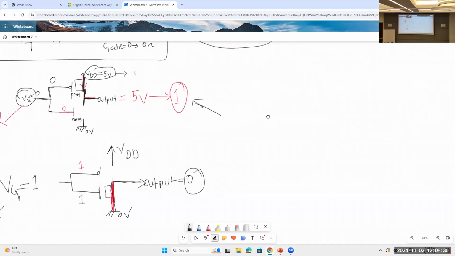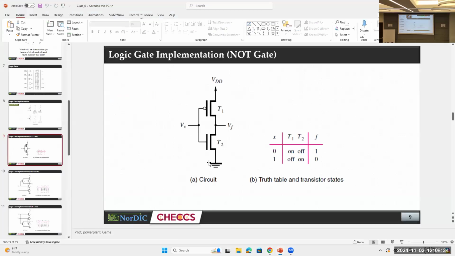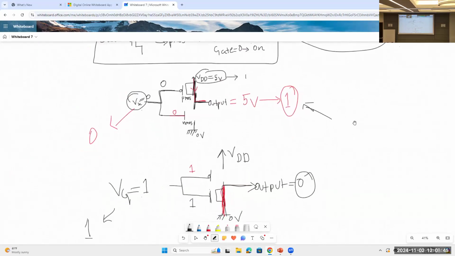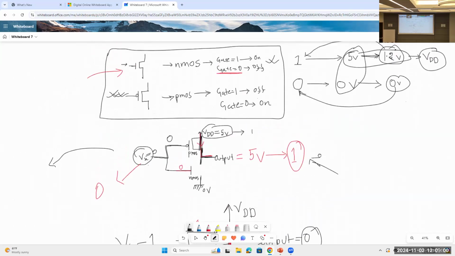Okay. Now let's move to another gate. The summary is written here actually. So this is a NOT gate. And this type of configuration is called complementary configuration. Because we have NMOS and PMOS, if in a circuit there is both NMOS and PMOS, then, as you can see, the operation of NMOS and PMOS is complementary.